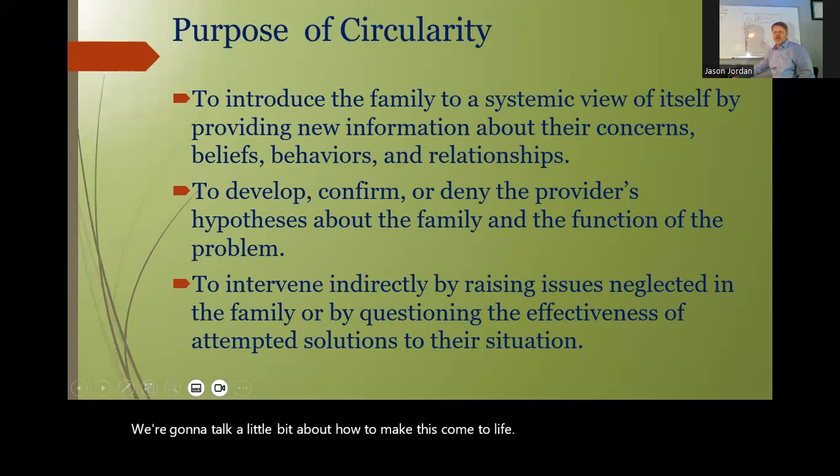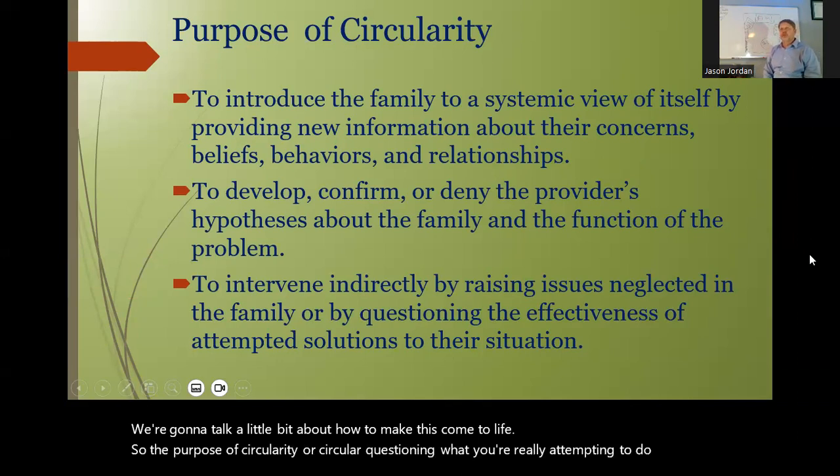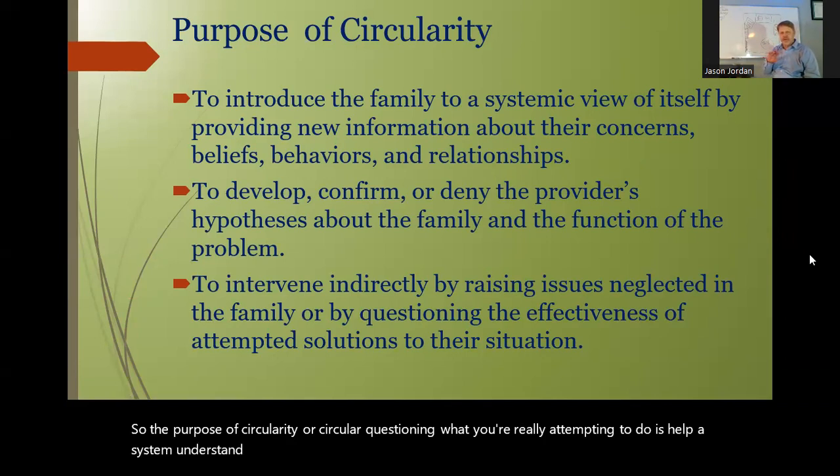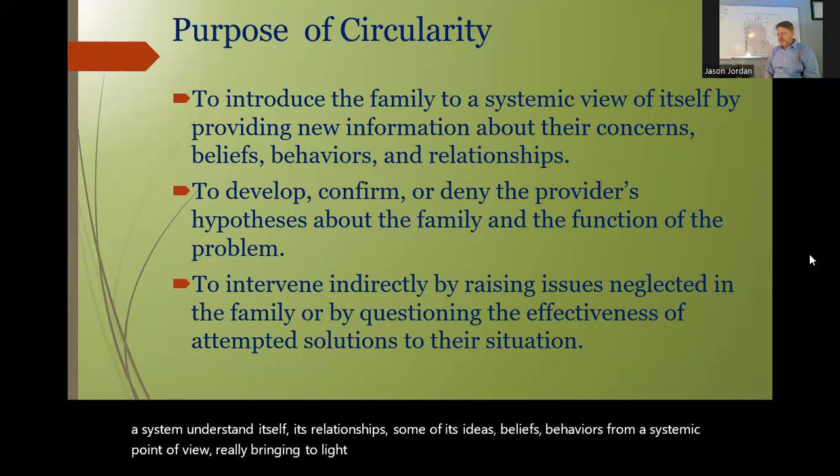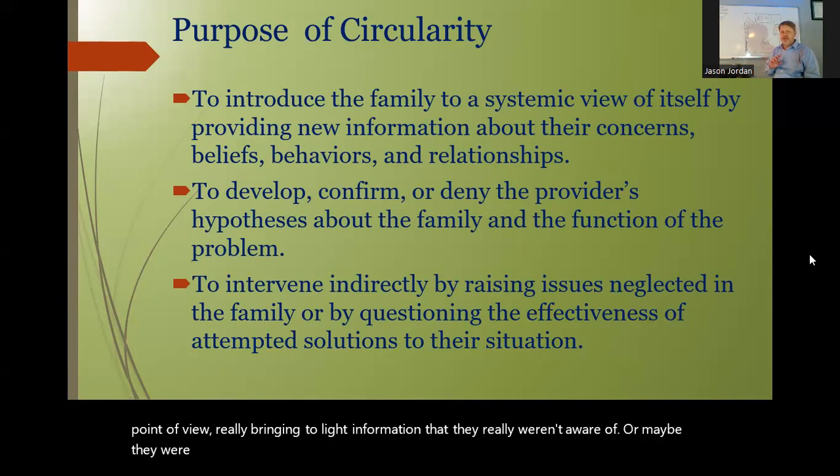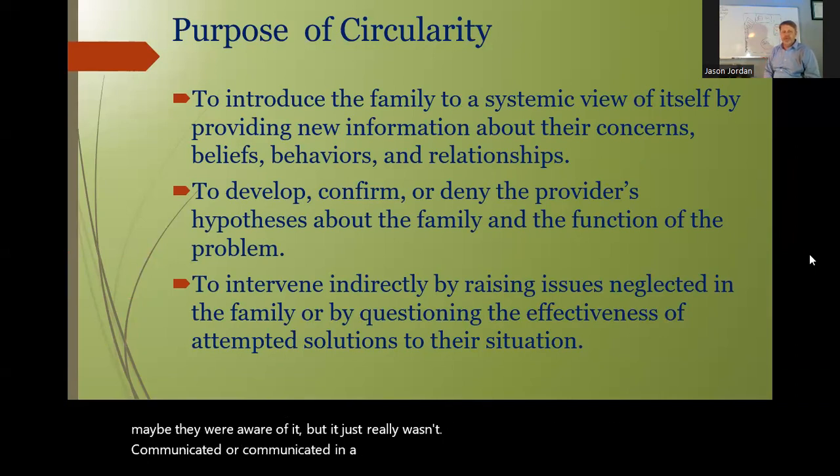So the purpose of circularity or circular questioning, what you're really attempting to do is help a system understand itself, its relationships, some of its ideas, beliefs, behaviors from a systemic point of view, really bringing to light information that they really weren't aware of, or maybe they were aware of it, but it just really wasn't communicated in a healthy way.